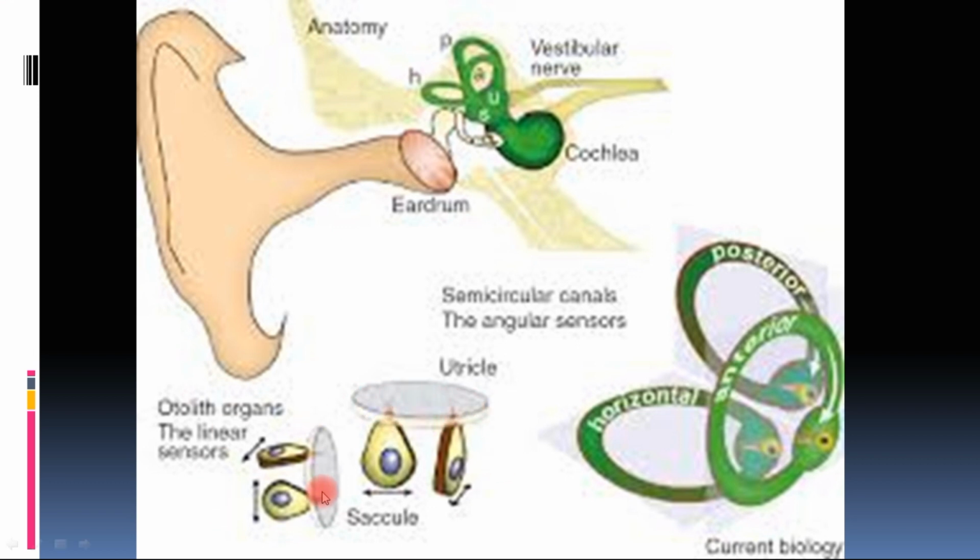Whereas the macula of the saccule is lying vertically, that is, perpendicular to the surface of the earth. So this is the difference between the macula of utricle and the macula of saccule.